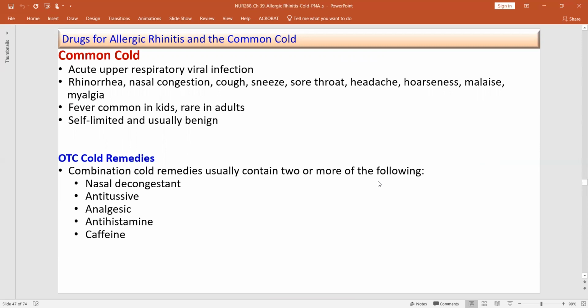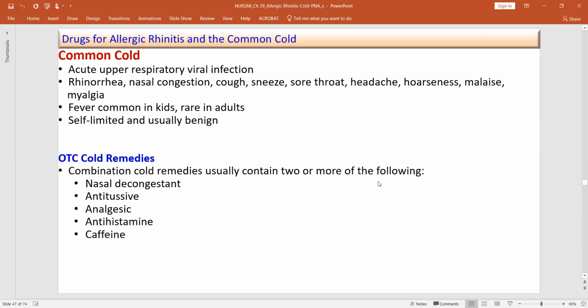We try to relieve the symptoms without treatment of the underlying cause. It's a self-limited disease and usually benign, well tolerated among all age groups and individuals.